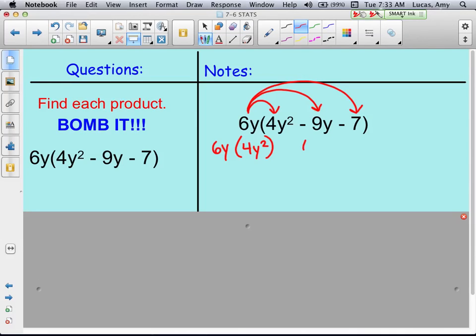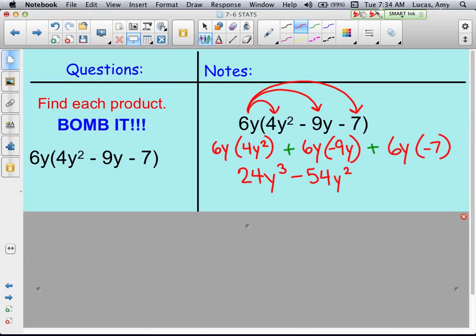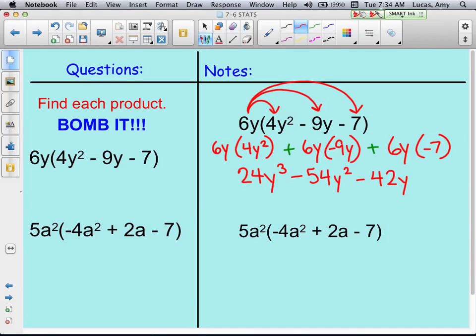Then I'm also multiplying 6y times negative 9y and 6y times negative 7. So all of these things are being added together. So 6y times 4y squared is 24y to the third power. 6y times negative 9y is negative 54y squared. And 6y times negative 7 is negative 42y. So that's just distributing the 6y and multiplying it by everything in the parentheses.